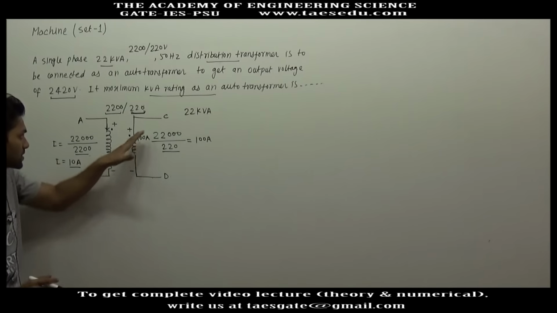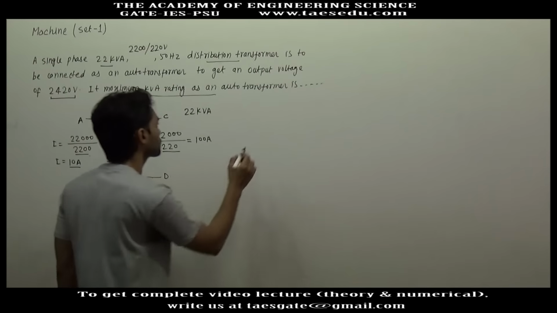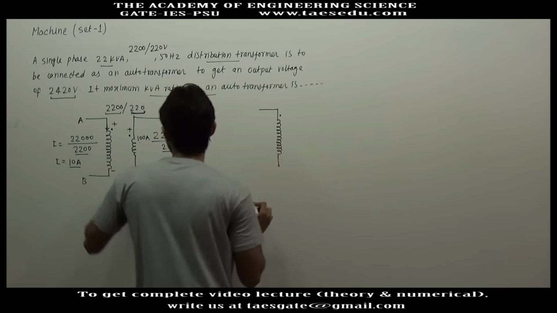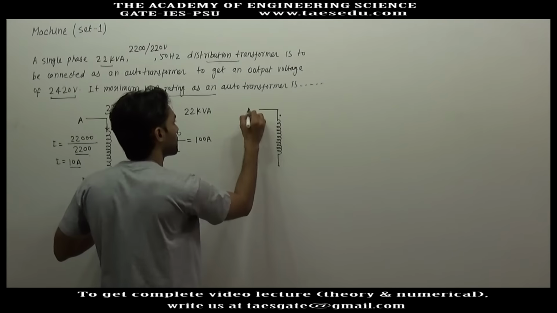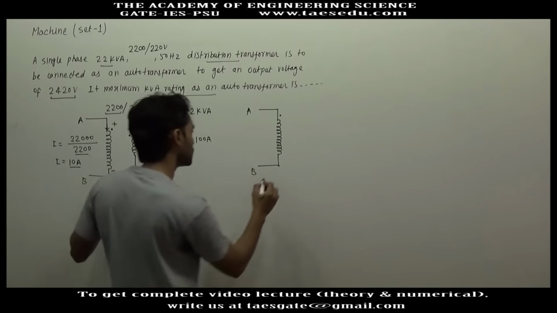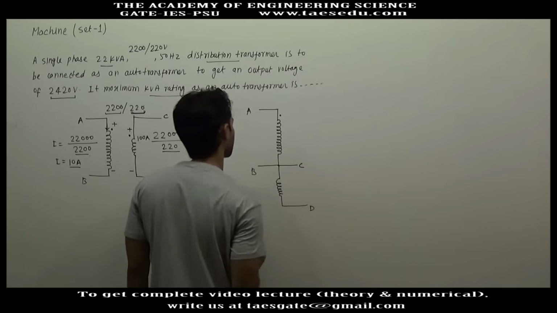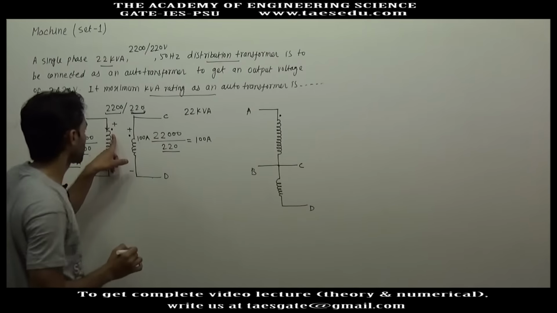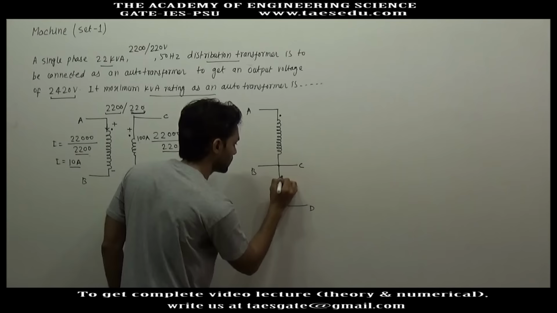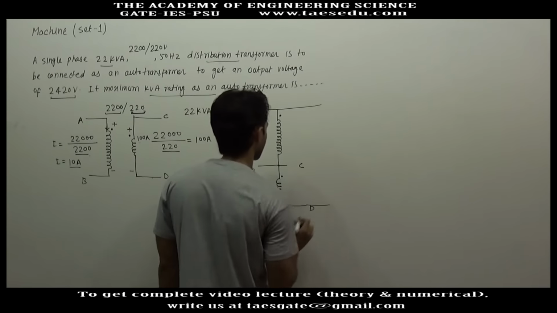For connecting B and C, let us shift this part downward first, then connect here. This is the dot polarity. Shift it here. This is A, this is B. Then C will be connected to B. This is C, this is D. This is dot, and dot is at C. So here we will have the dot, and this will be the output voltage.